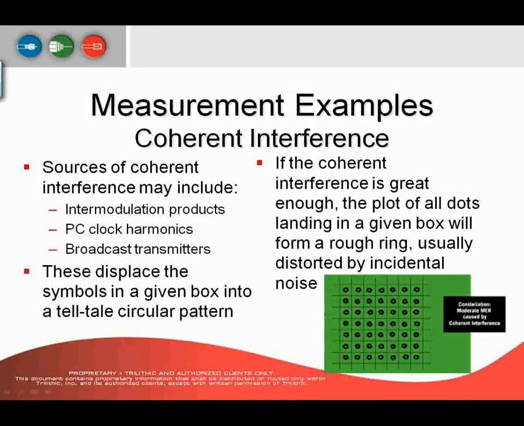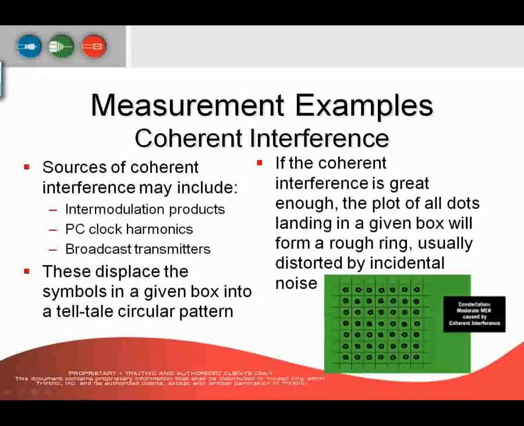So coherent, as applied to light waves, is having an identical frequency and identical phase and traveling in the same direction. Lasers produce coherent light, so it's a distinct carrier that is transmitted. Some sources of coherent interference can include intermod products like CTB and things of that nature, PC clock harmonics, and broadcast transmitters, whether UHF or VHF channels.